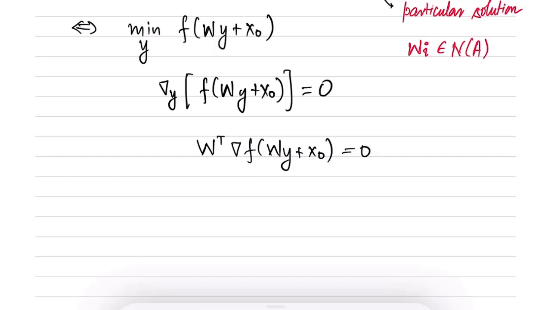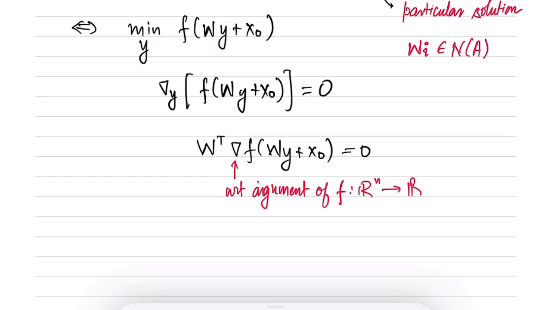So this gradient is with respect to the argument of f. f is from R^n to R, so therefore this gradient has size n cross 1, right?